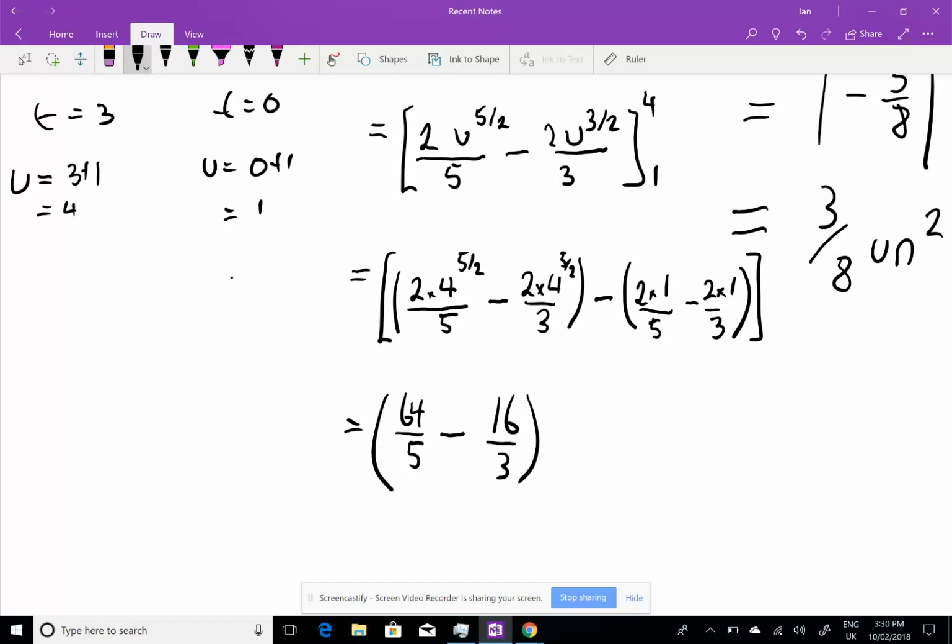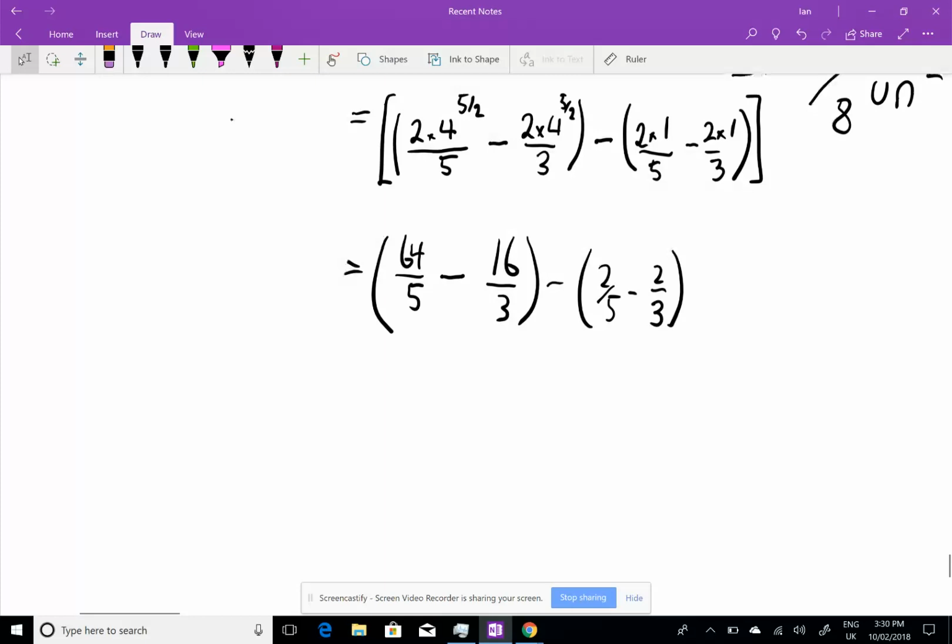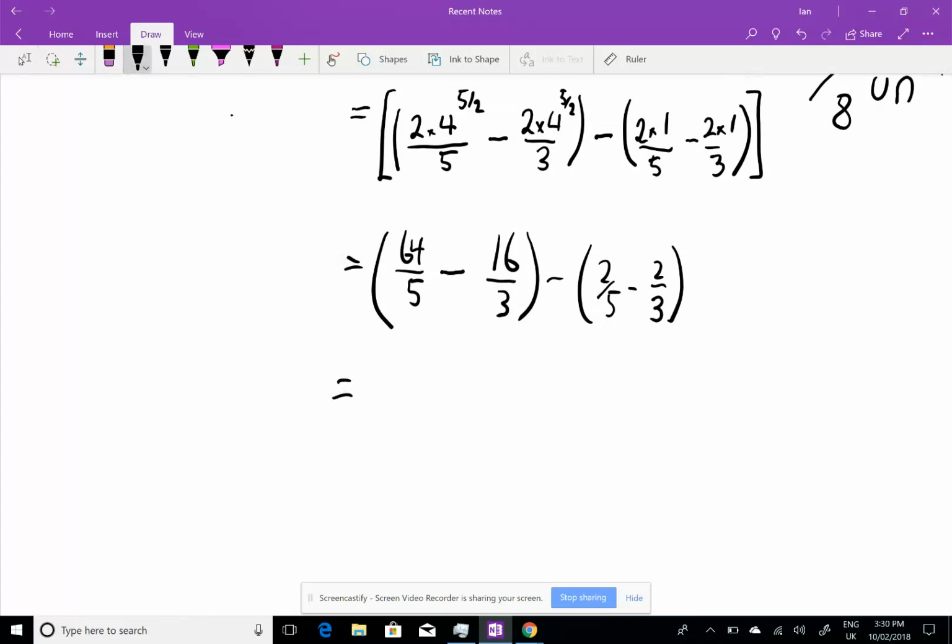Here I've got 2 fifths minus 2 thirds. I'm not going to try this in my head. I'm going to do this on a calculator. I'm sorry.